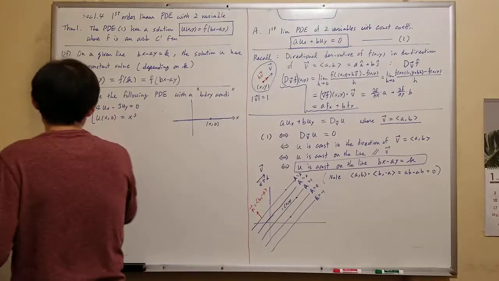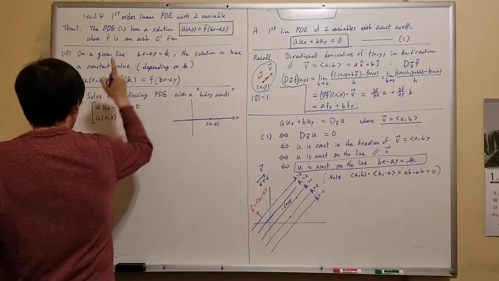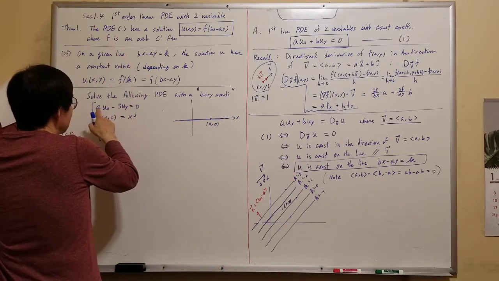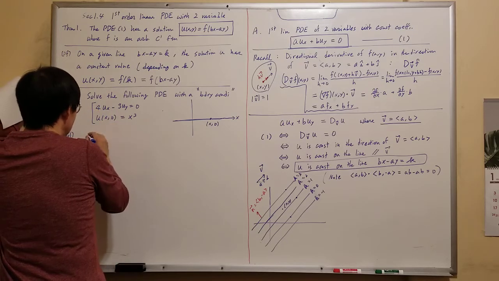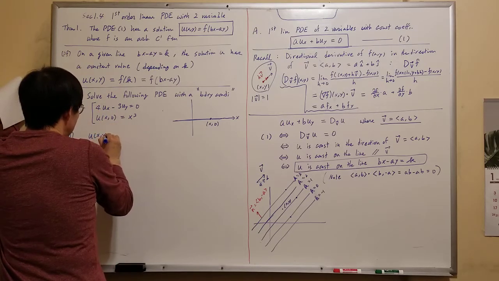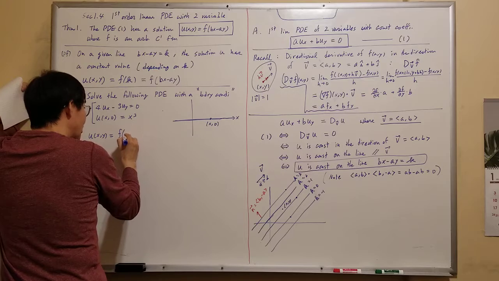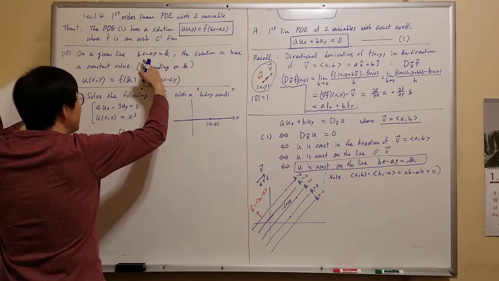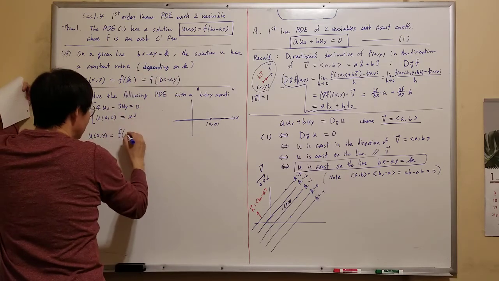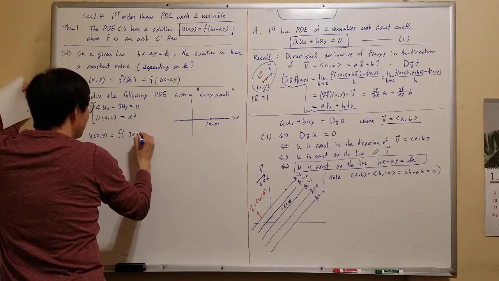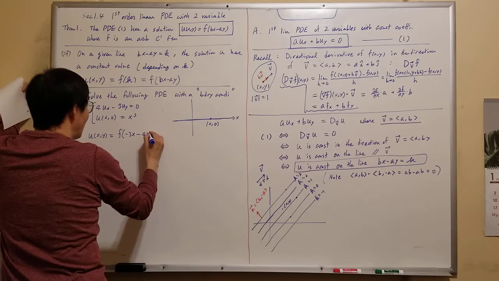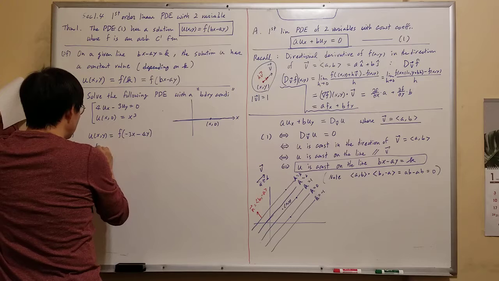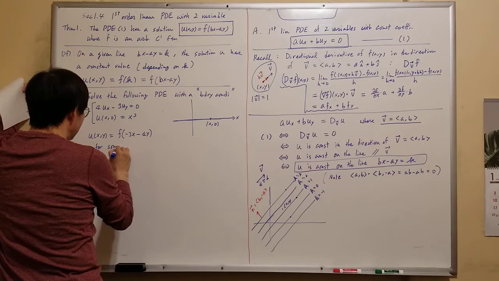All right, the solution. According to this theorem, this is A and B. Our solution has to be some function of bx minus ay, for some function.